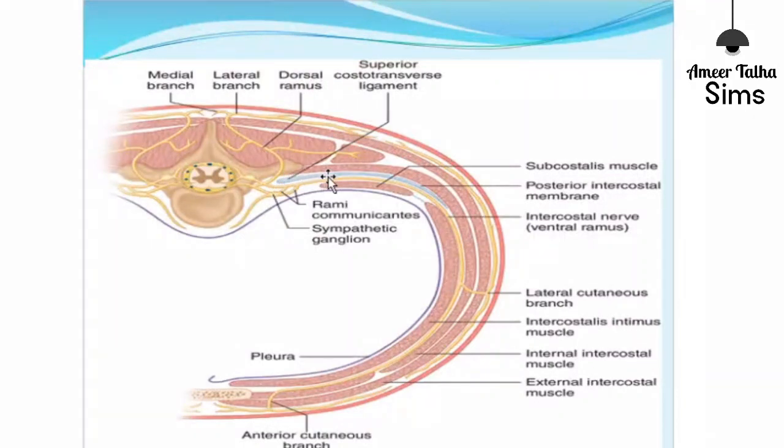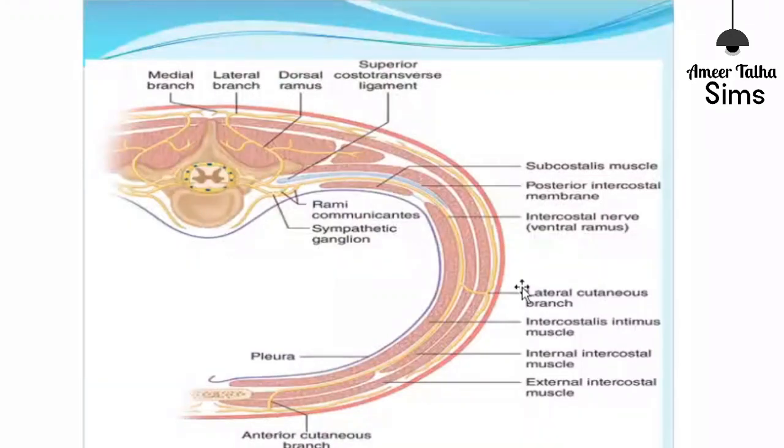This is pleura and this is posterior intercostal membrane. Laterally in the costal groove, it is present between the internal intercostal muscles and innermost intercostal muscles, right? And near the costochondral junction, it pierces the internal intercostal muscle and external intercostal muscles to end as anterior cutaneous branch which supplies the skin.